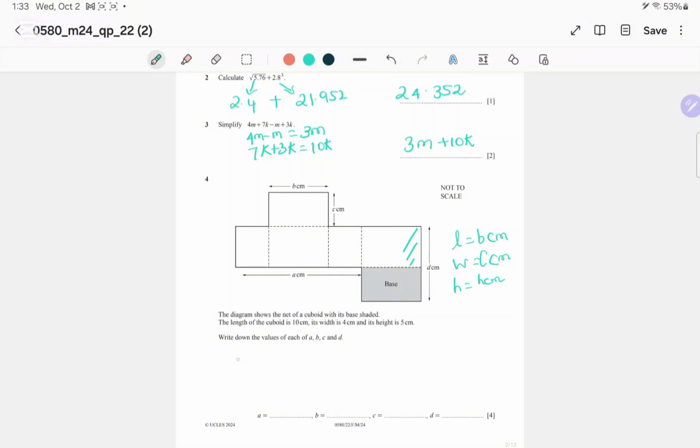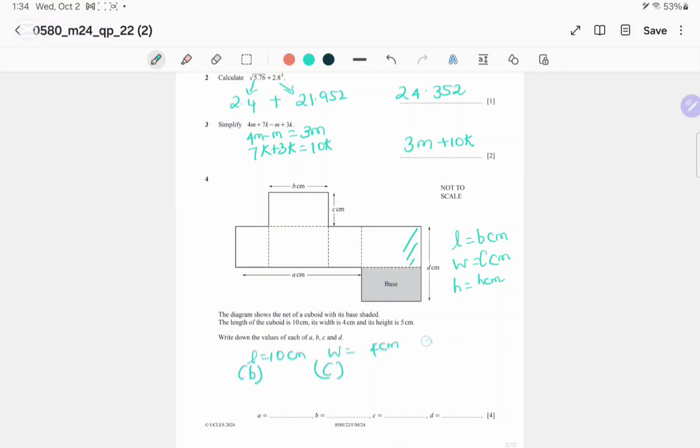Now we have to calculate the values of A, B, C, D. The length is given, which is 10 centimeters. So the value of length is 10 centimeters, and width is 4 centimeters. Height is 5, but we have to calculate C. W is C, L is B. We will calculate A finally.